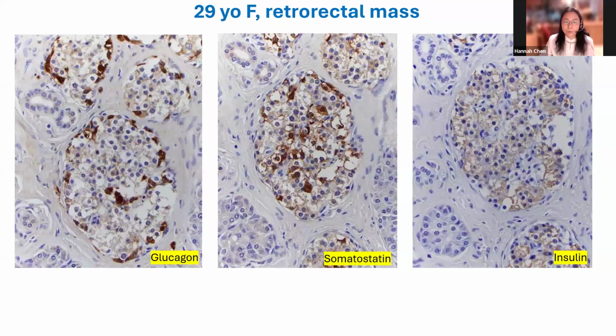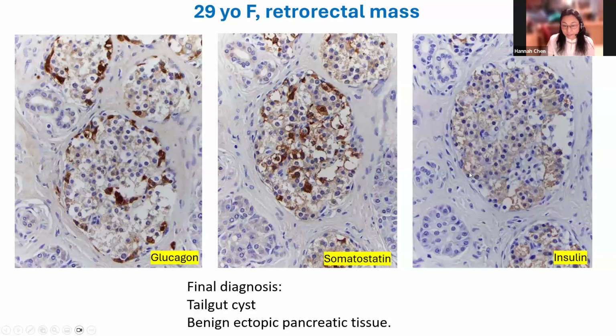Further, I also performed glucagon, somatostatin, and insulin immunostains. They show the neuroendocrine nests contain multiple types of cells: alpha cells, beta cells, D cells, all there.